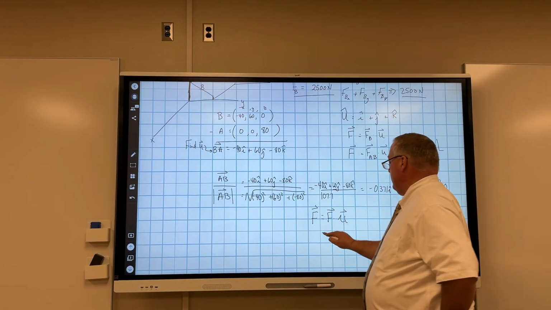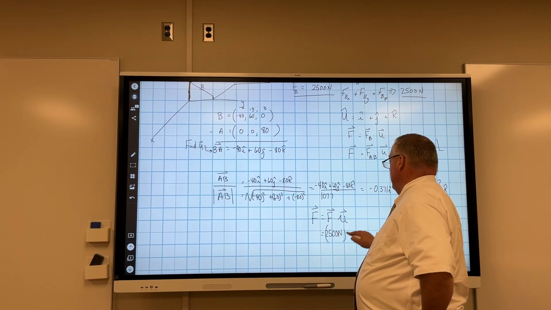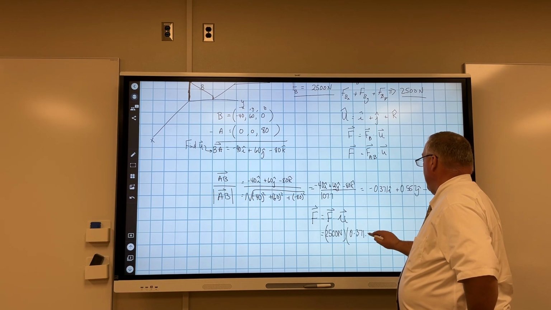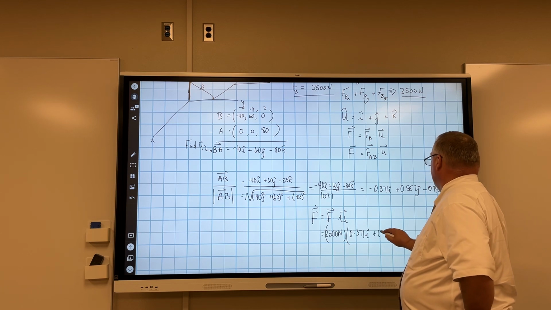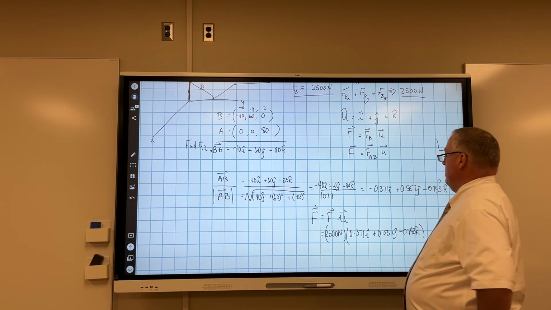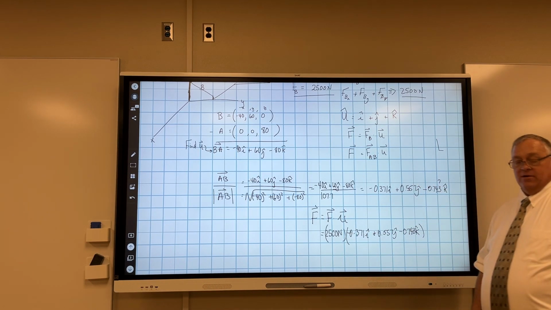So this is 2,500 newtons times 0.371 i hat plus 0.557 j hat minus 0.743 k hat. Isn't the i hat negative? It is. Okay, sorry.